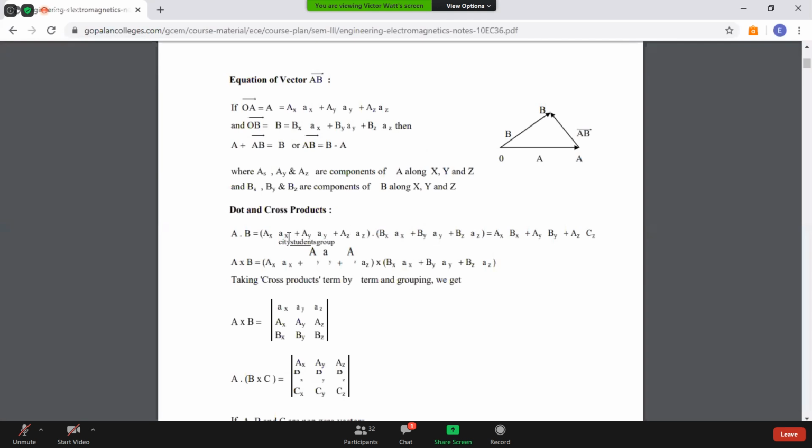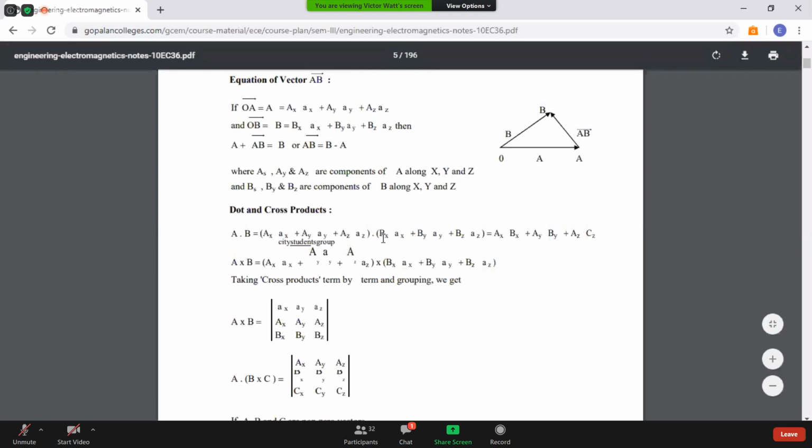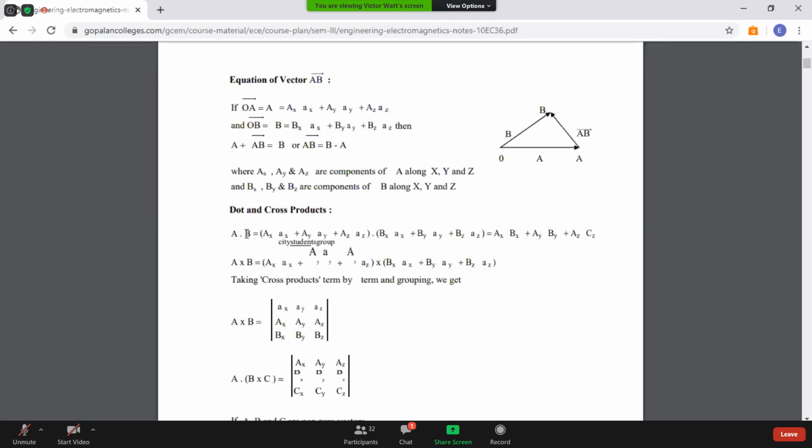That means this vector is in the Cartesian coordinate system, right? And we have vector B, which is BX, BY, BZ. So directions X, Y, and Z are orthogonal to each other.